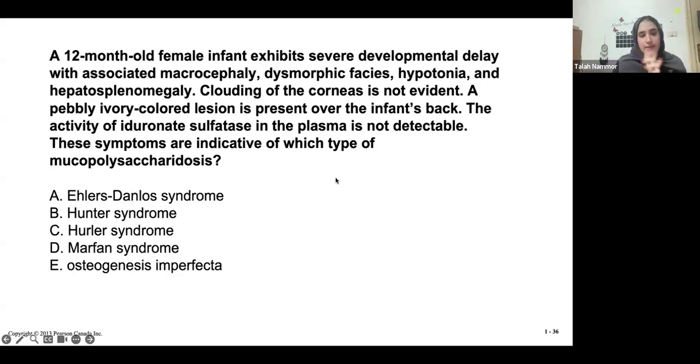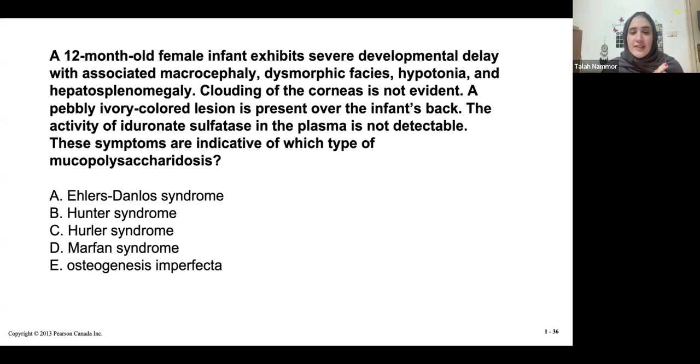Now, a 12-month-old female infant exhibits severe developmental delay with associated macrocephaly, dysmorphic facies, hypertonia, and hepatosplenomegaly. Clouding of the corneas is not evident. A pebbly ivory-colored lesion is present over the infant's back. The activity of iduronate sulfatase in the plasma is not detectable.